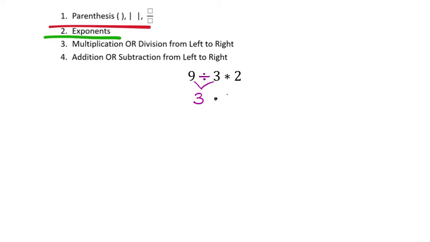Then I would multiply that by 2. Well, 3 times 2 is 6. And that takes care of all of our operations, which means that our final answer here is just 6. Right? We cleared multiplication. There was no addition or subtraction, so that's it.